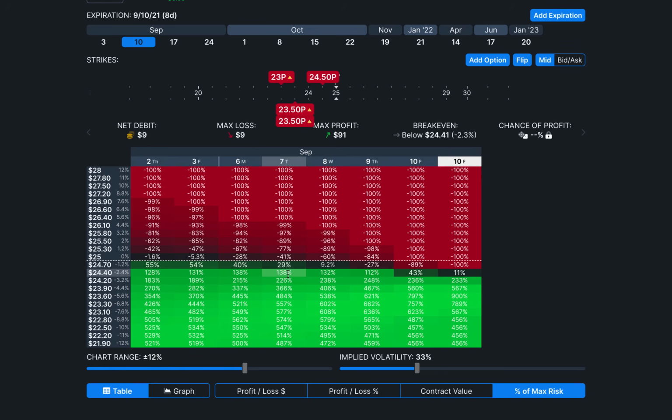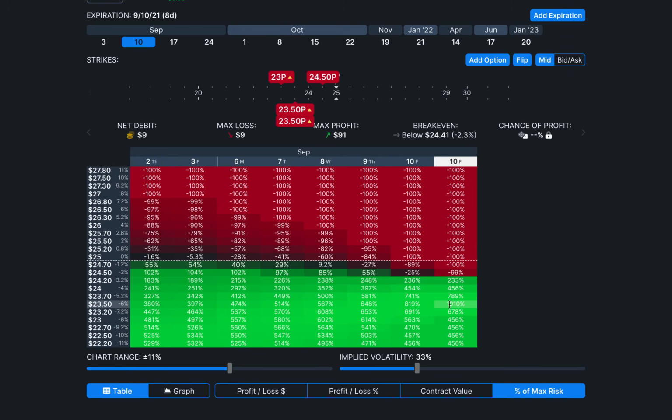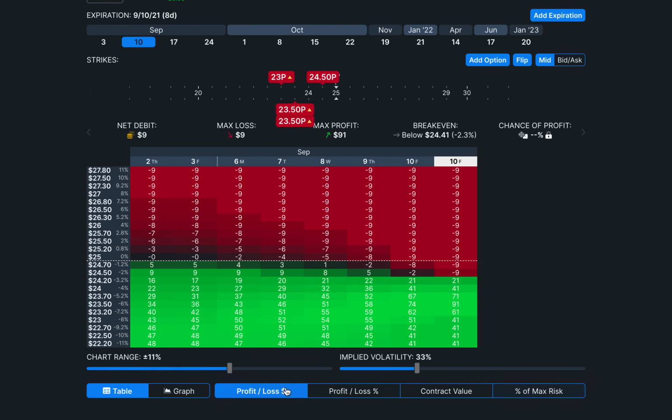But ideally, what we want to happen here is that we want the stock on the expiration date to be as close to the strike of the puts that we sold as possible, which was $23.50, right? So if I can get this to go to $23.50 right here, that would be a 1,010% return, right? And that's where we would make our max profit here of $91. So we want it to be as close to that price as possible on the expiration date.